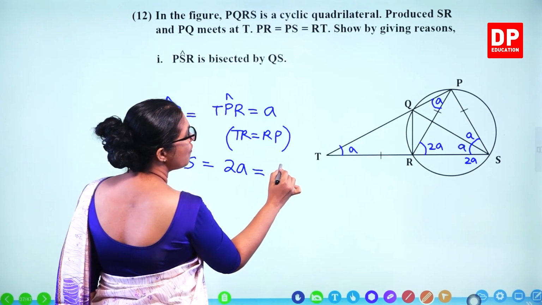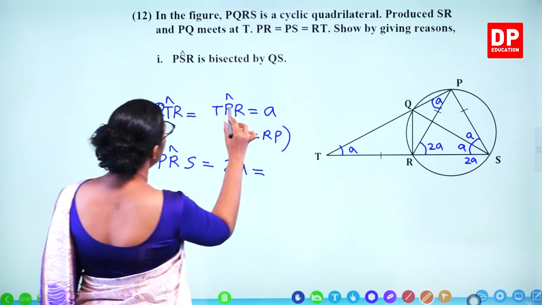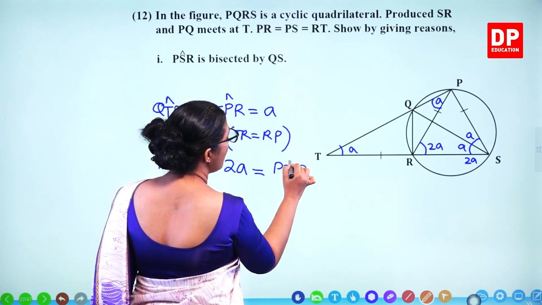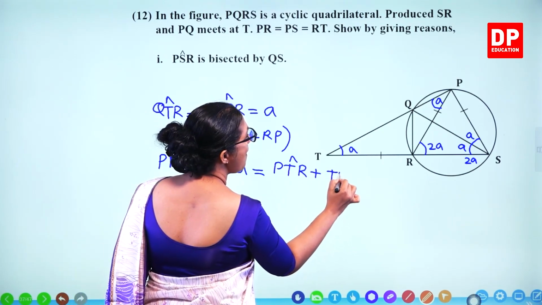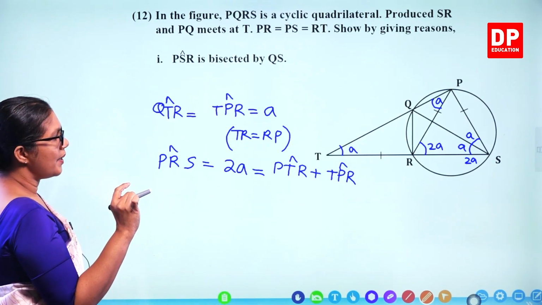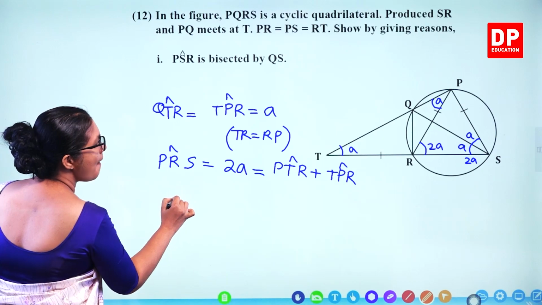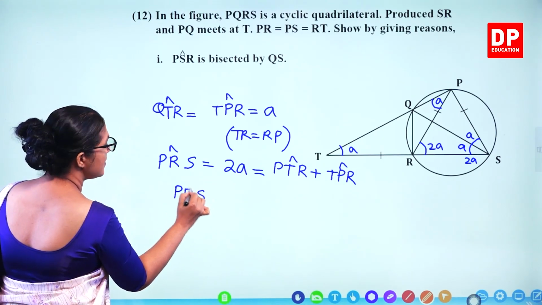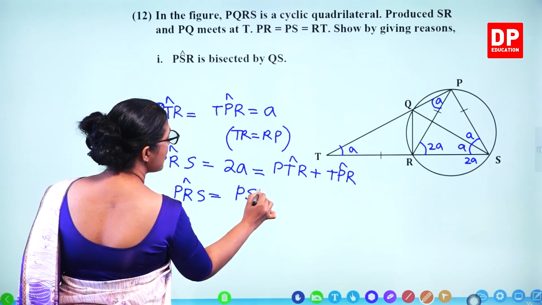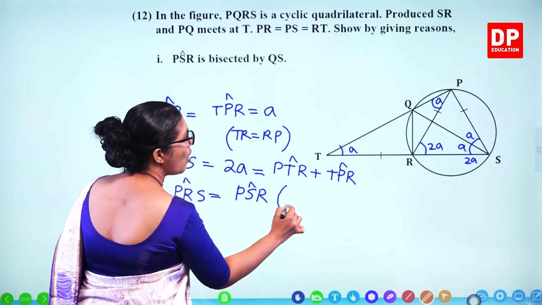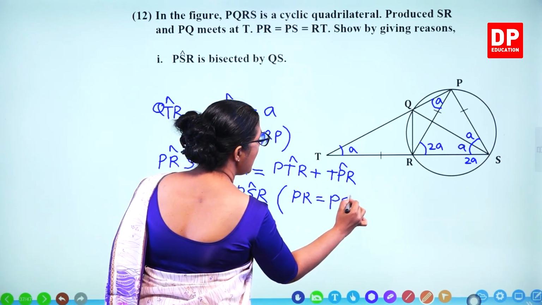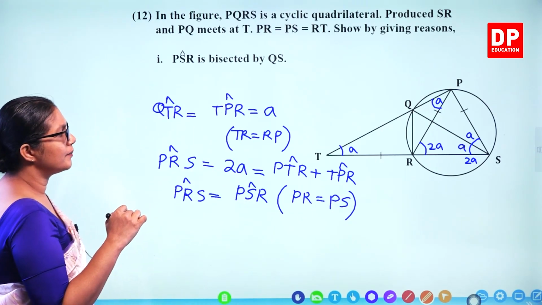That's because of the addition of these two angles, angle PTR plus angle TPR, that's 2A. Then you can write angle PRS is the same as angle PSR because PR is equal to PS, isosceles triangle.